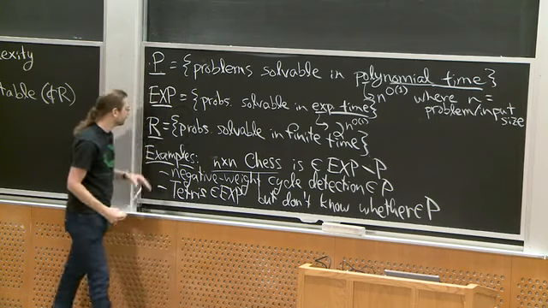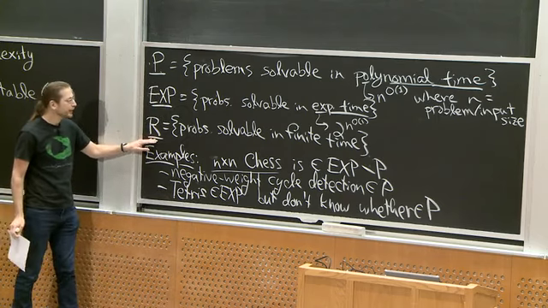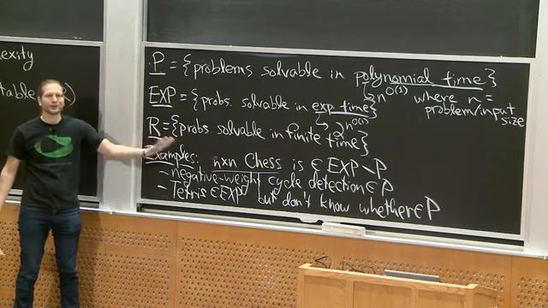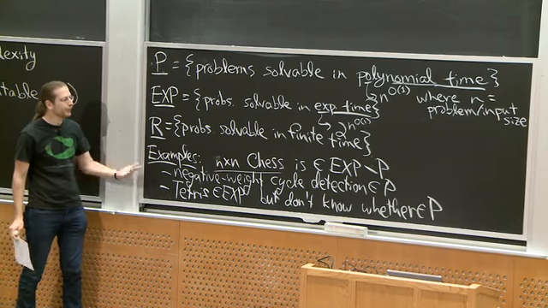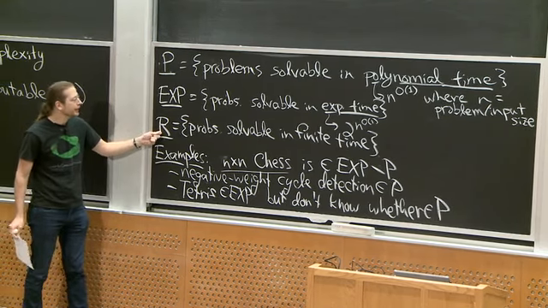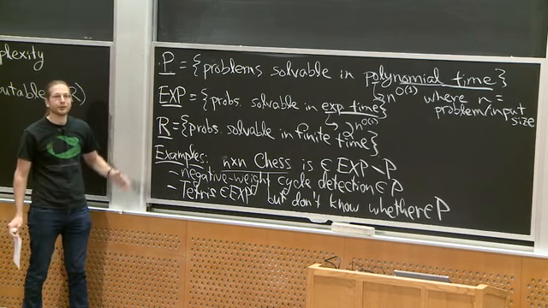R stands for recursive, actually. This is a notion by Church way back in the foundations of computing. As we know, we write recursive algorithms to solve problems. In the beginning, that was the only way to do it. Now we have other ways with loops, but they're all effectively recursion in the end. So R is all the problems that can be solved in finite time on any computer.